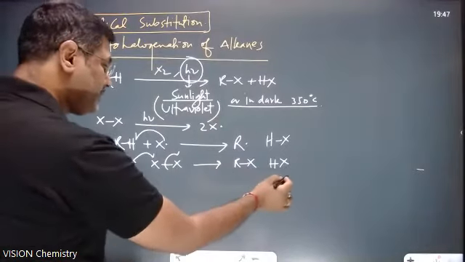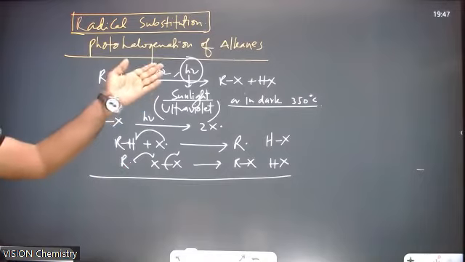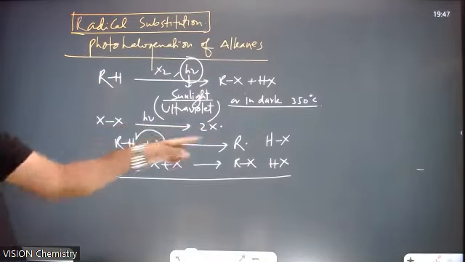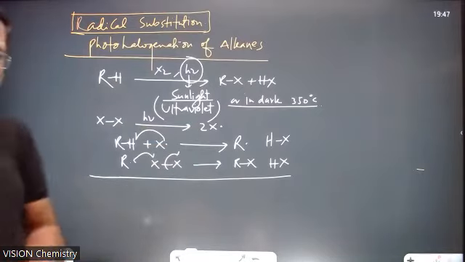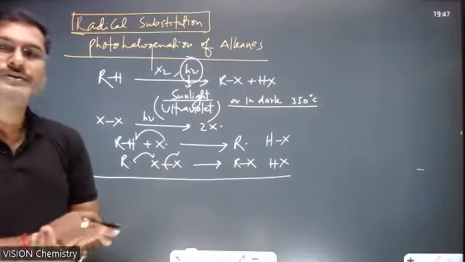Here, there is one question: one halogen free radical, a halogen atom, is already used up, so the other one is left that may combine with this one and RX will form. This is not the way a reaction really proceeds.